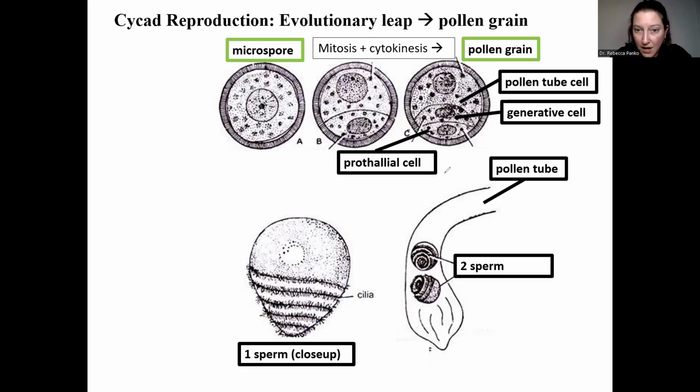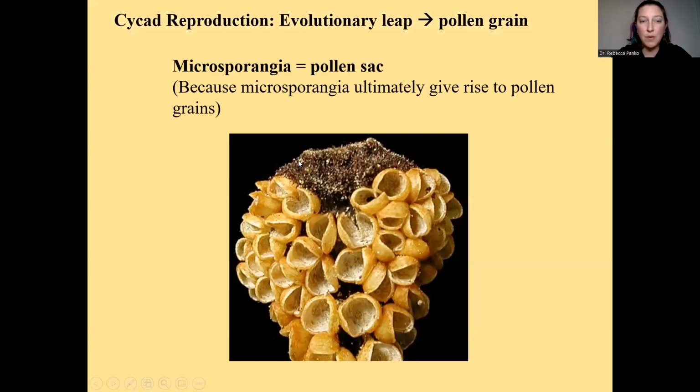Eventually, the pollen grain is going to get released from the microsporangia. So because of that, in the seed plants, you can call the microsporangia a pollen sac, because what they release now is not a microspore. They instead release a pollen grain.